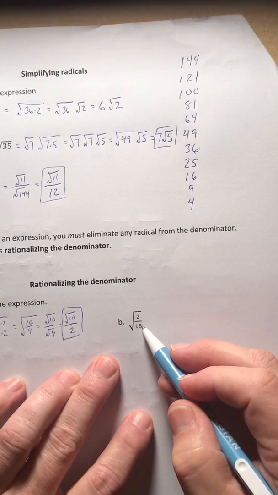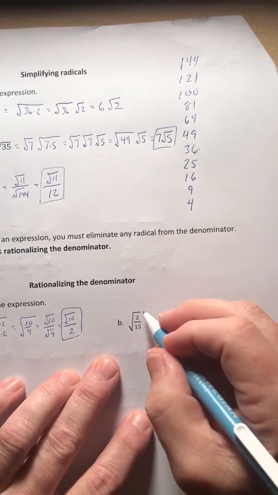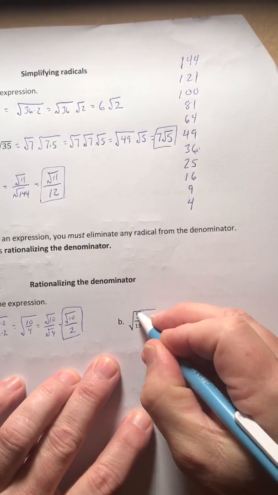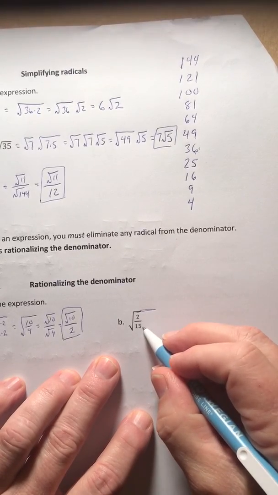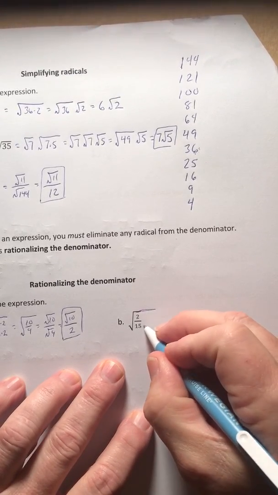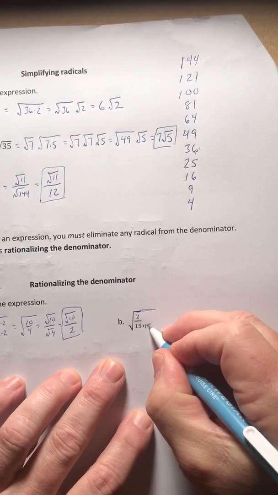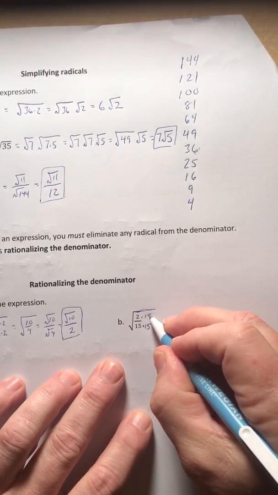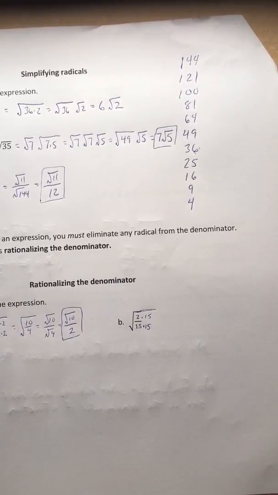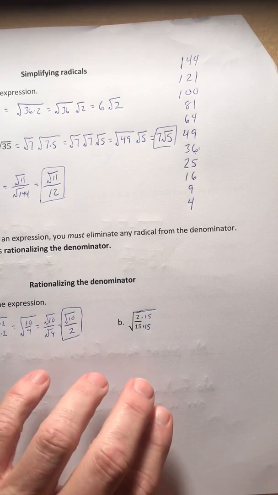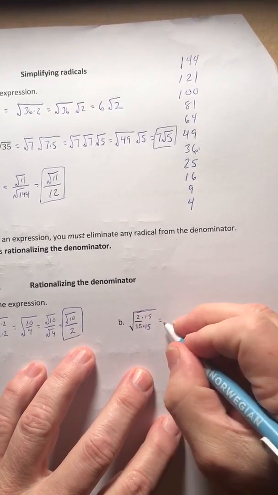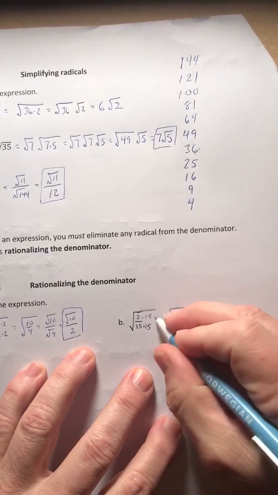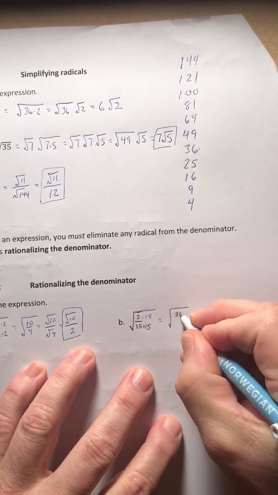Now, a lot of times rationalizing the denominator means multiplying the denominator by itself. And in this case, that's what we're going to have to do. We're going to have to multiply the 15 by 15 to give us a perfect square. And then that means we're going to multiply the 2 in the top by 15. The easiest way to do this problem is to say 2 times 15 is 30.